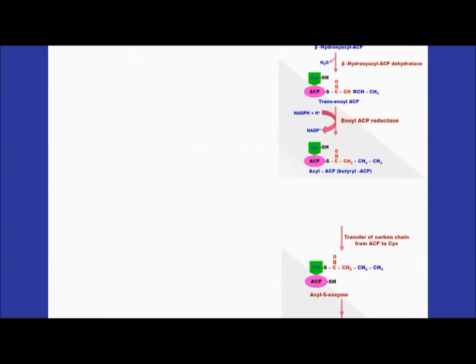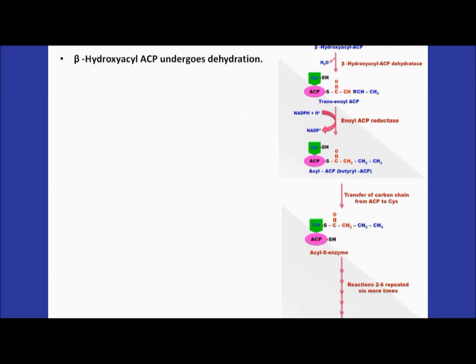The next step is that the beta hydroxyacyl ACP will undergo dehydration with the aid of this particular enzyme as shown on the right side of the slide.